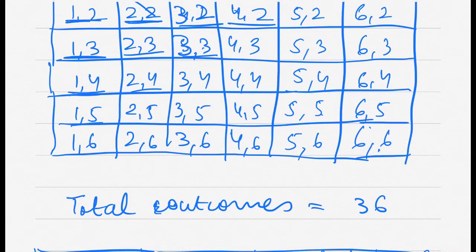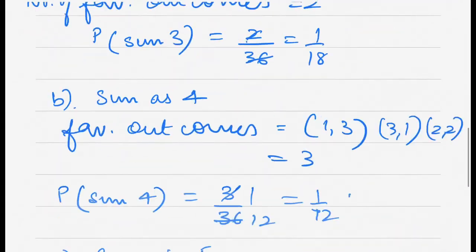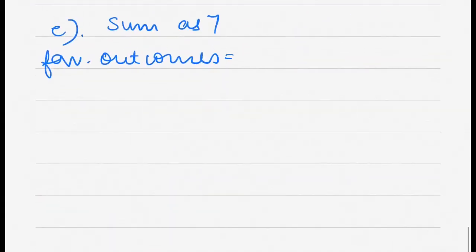So 7 will be 1 6, 2 5, 3 4, 4 3 and 5 2. Correct. And yeah, this is also there, 6 1. So all these are adding up to 7.